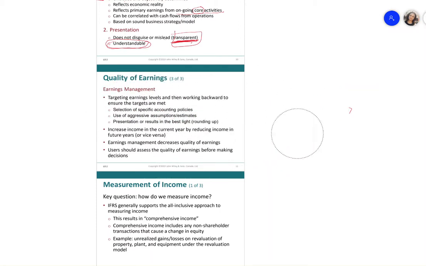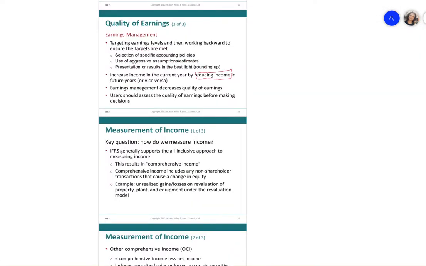Another point we didn't talk about: increase income in the current year by reducing the income in the future year, or vice versa. That's one way of earnings management, where we try to manipulate. In other words, we increase income in the current year by reducing the income of the future year. That's where earnings management comes into play.